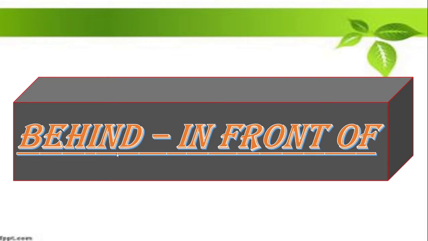And the second word is in front of, F-R-O-N-T, front, O-F, of, means in front of. We will go through some pictures and we will try to understand the meaning of behind and in front of. Come on, let us move.